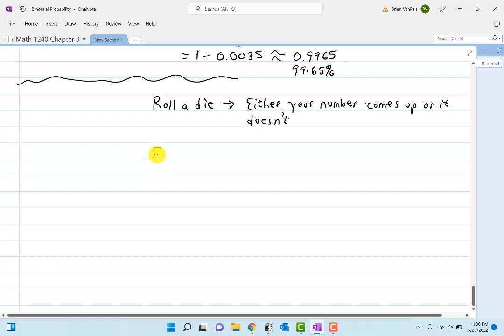Flip a coin. So over there, if you wanted heads, H either comes up or it doesn't. What would be another one? Well, answer one of these questions by guessing.